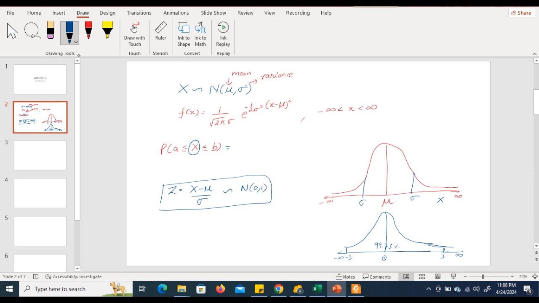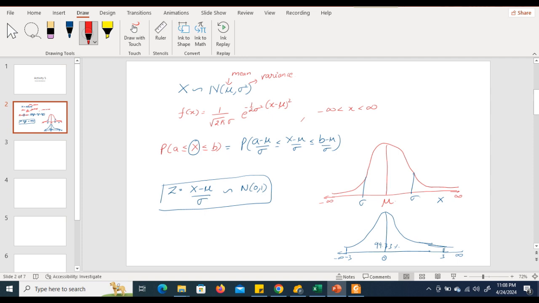We subtract the mean of the distribution throughout and then divide by the standard deviation. Because the standard deviation is positive, there is no change in the sign of the inequality. So a minus mu upon sigma is less than or equal to x minus mu upon sigma, which is less than or equal to b minus mu upon sigma.